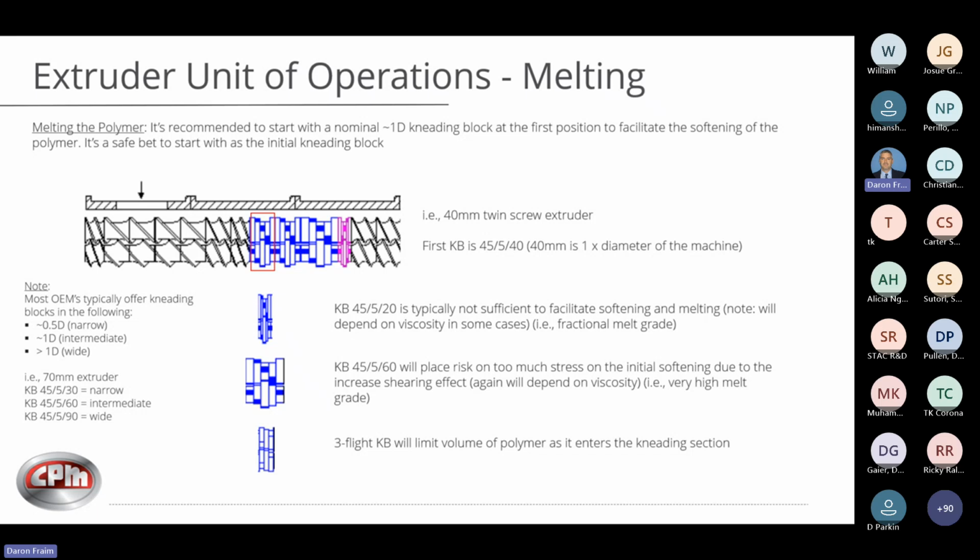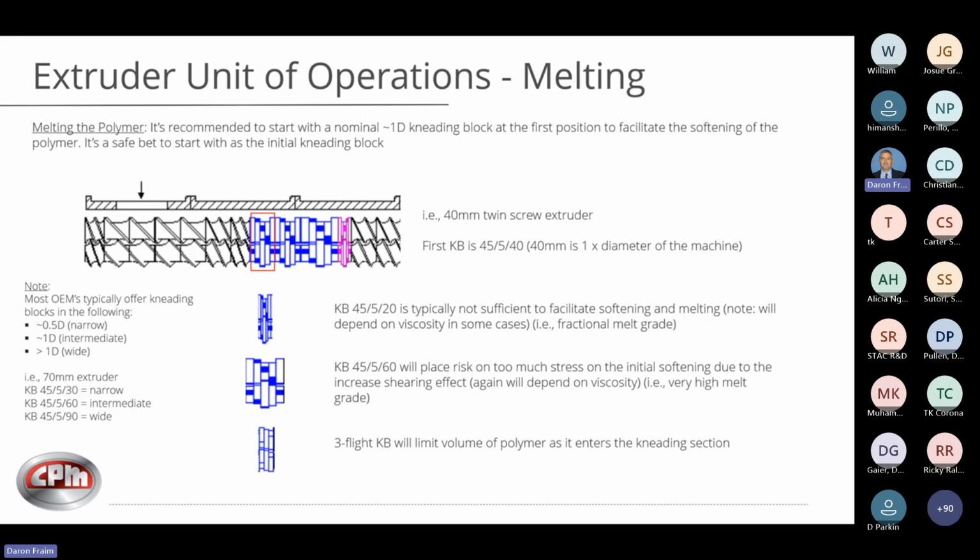And normally they will follow this general consensus that typically you're very narrow or short or around a half of the diameter. And then your intermediate, or what we call middle of the road, is usually pretty close to 1 times your diameter, and then your wide or longer are usually greater.